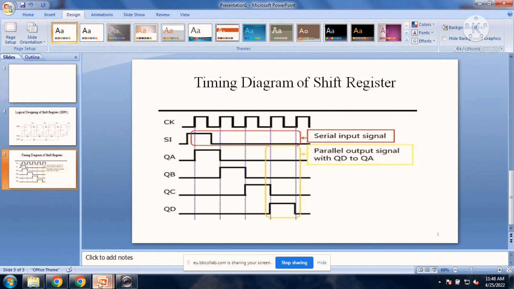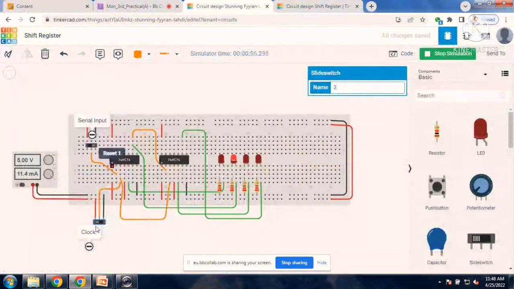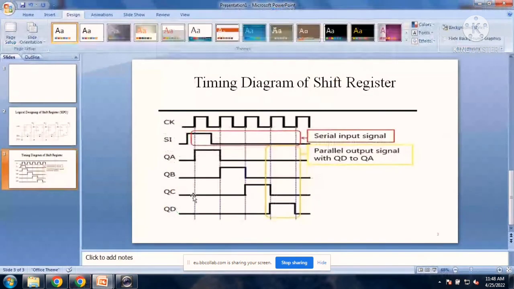Okay, when we apply the third clock pulse, at the third clock pulse our QC will be 1 under this condition, and the remaining will be 0. And at the fourth positive trigger, the value of QD will be 1.